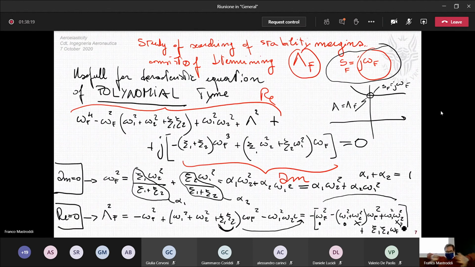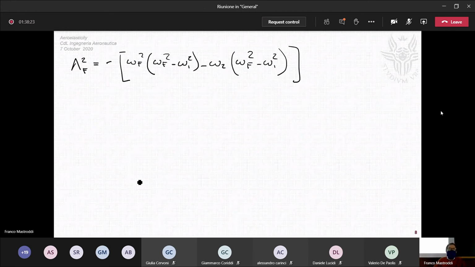I perform this operation and I obtain this. This is the term I have put in evidence. Okay, and of course I have plus zeta 1 zeta 2 by omega flutter to the power square.